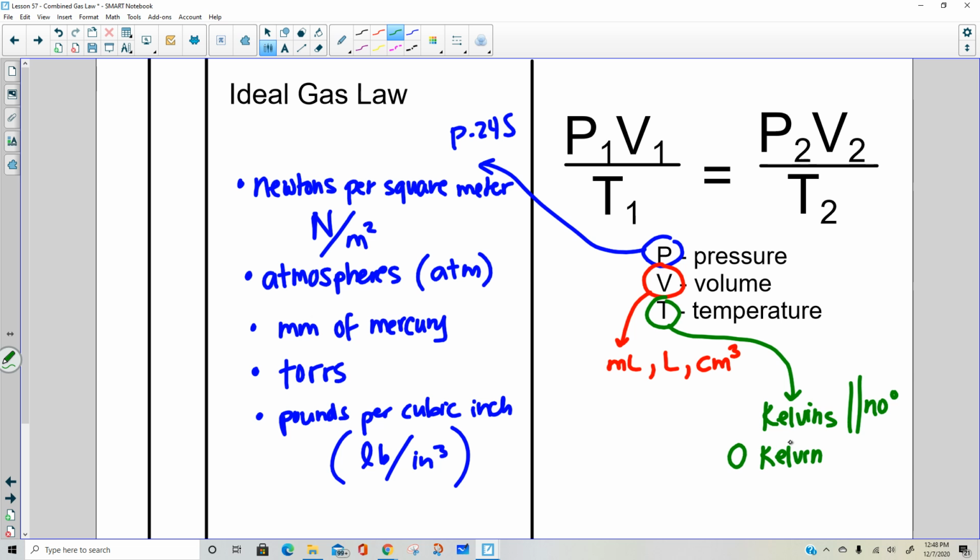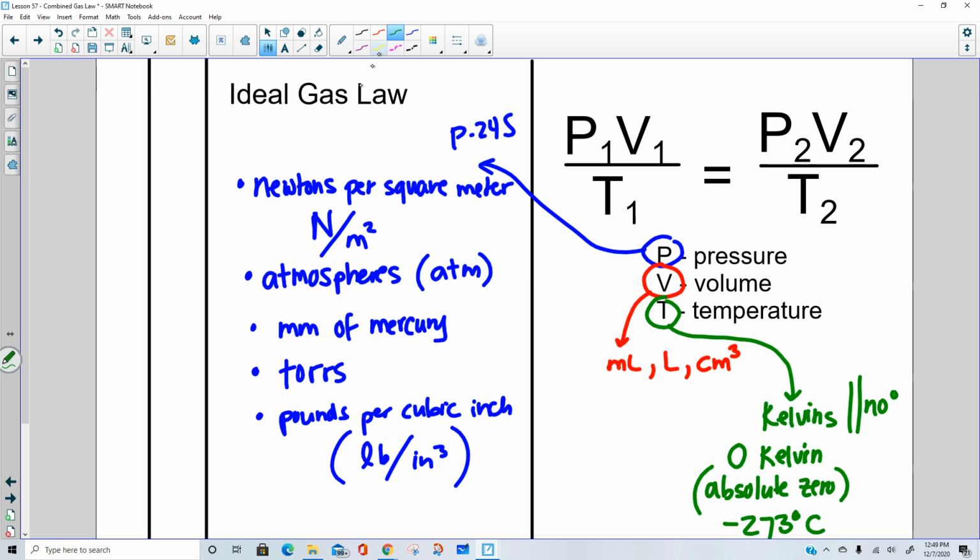Okay, not 0 degrees Kelvin, just 0 Kelvin. This is actually a special temperature. It's called absolute zero. Have you heard of that? Absolute zero is 0 Kelvin, which is equivalent to -273 degrees Celsius. Super, super cold. So that's just kind of an interesting little factoid there.